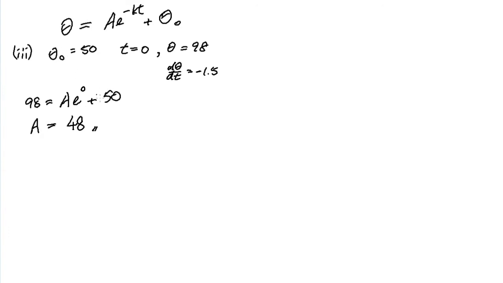Now, in order to find k specifically, you differentiate the expression, or you use the original expression, which I forgot. So I'll have a look, or I can just differentiate it, because that might be a bit easier for me. d theta by dt is equal to minus k a e to the minus kt plus nothing, and therefore this is theta minus theta naught.